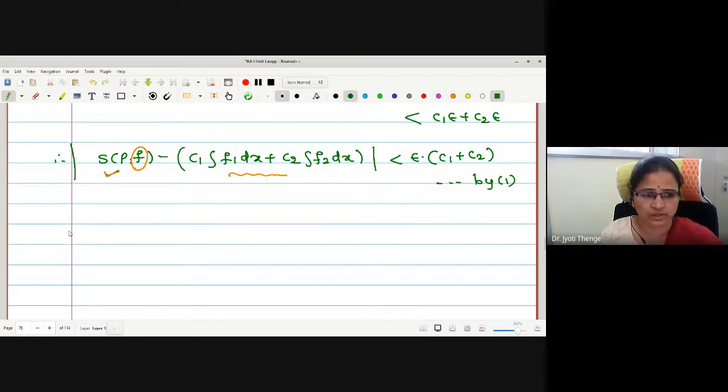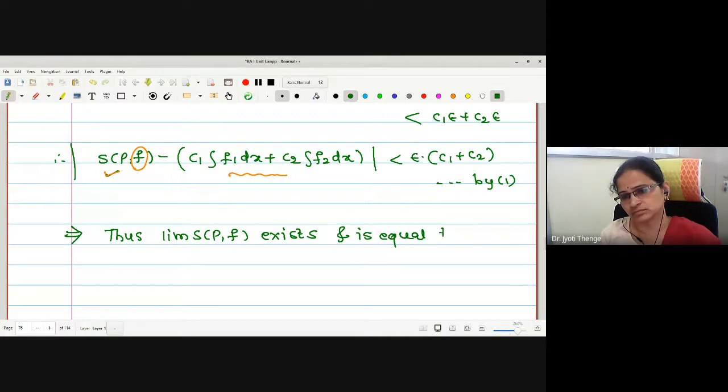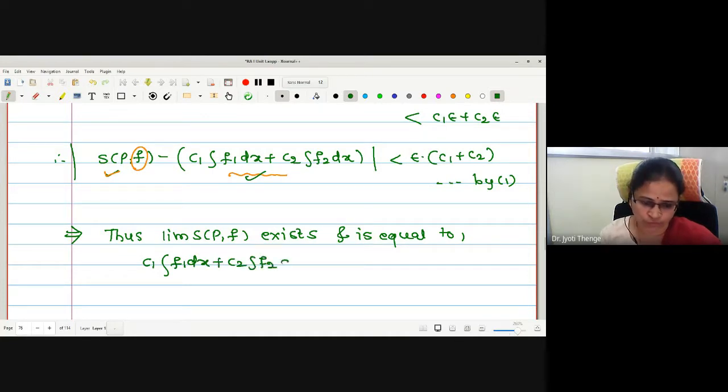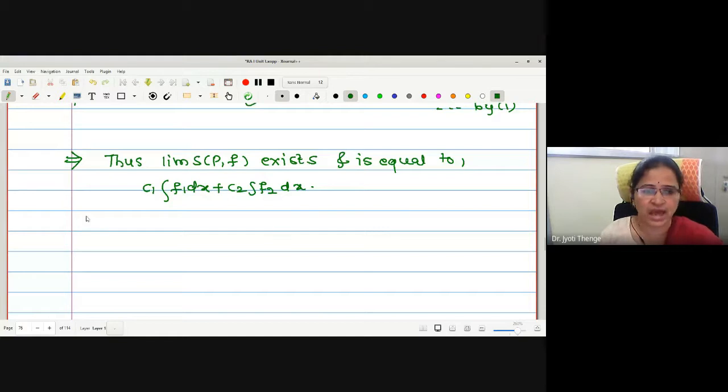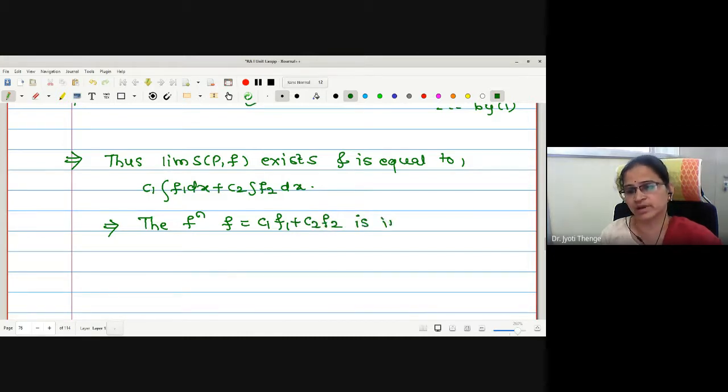Thus, the limit of S(P, f) exists and is equal to C1 integration f1 dx plus C2 integration f2 dx. Therefore, as the limit for S(P, f) exists, may I say the function f equal to C1 f1 plus C2 f2 is integrable.